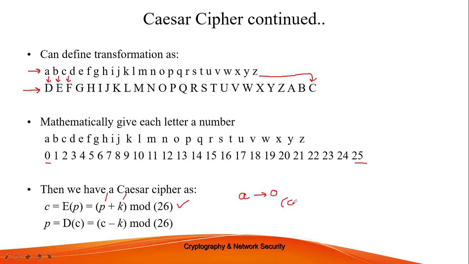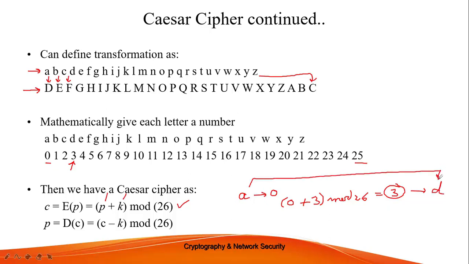So 0 plus K, where the value of K is 3, mod 26, gives 3, and the letter for 3 is D. So A is substituted by D.